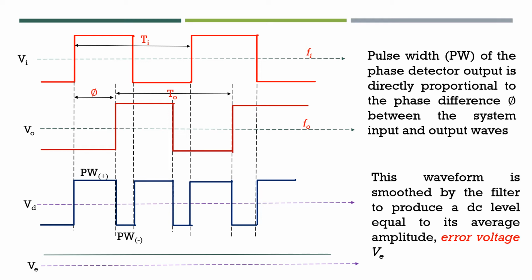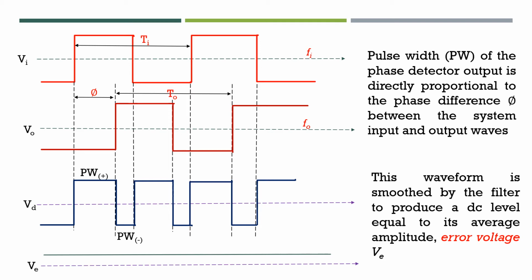One point to be remembered: if the phase difference is exactly 90 degrees, then the VD output waveform will be a square wave, and the average value of a square wave is zero. This zero value is given as the input to the oscillator circuit.